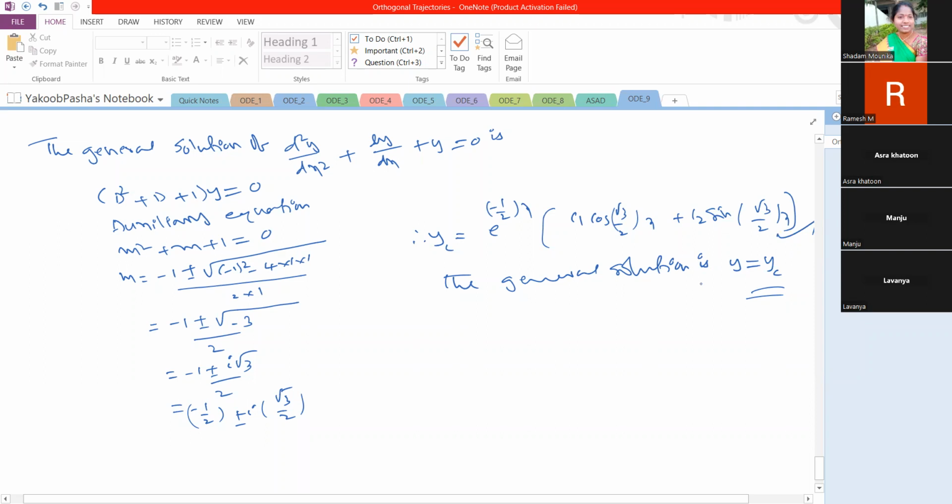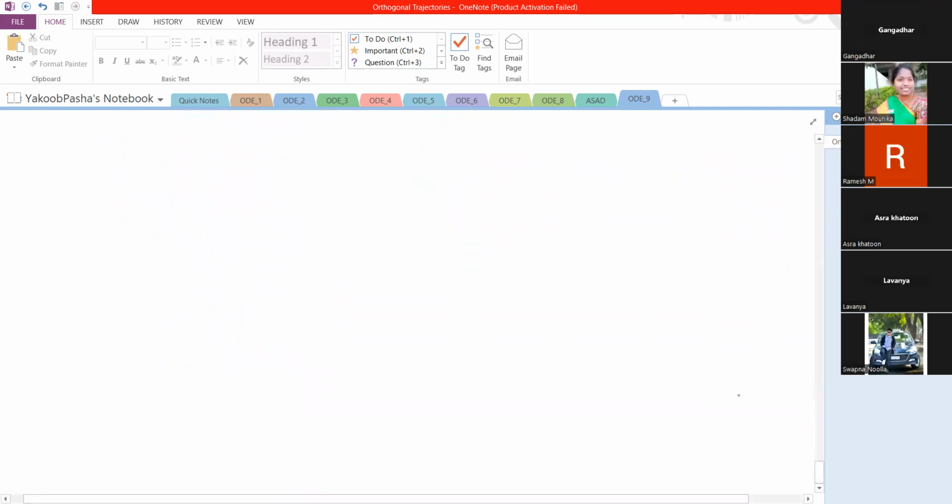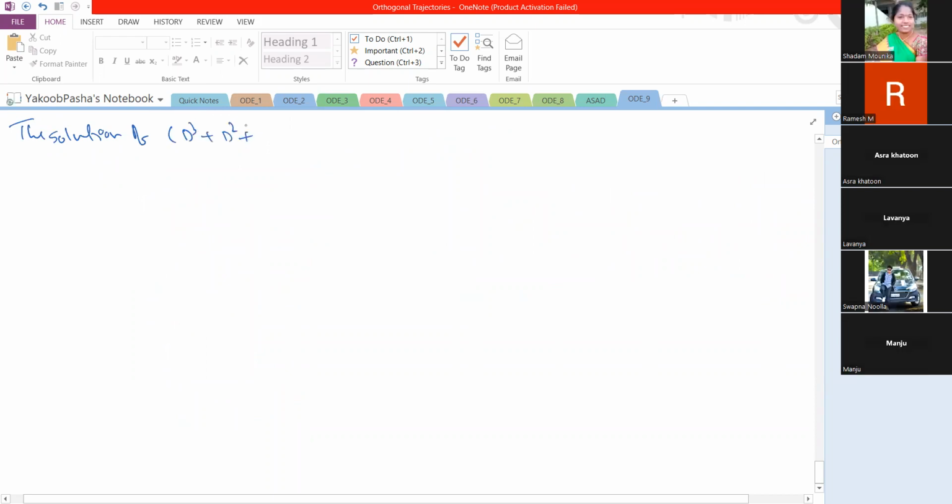And I am taking one more problem. The solution of d cube plus d square plus 4d plus 4 into y is equal to 0 is.